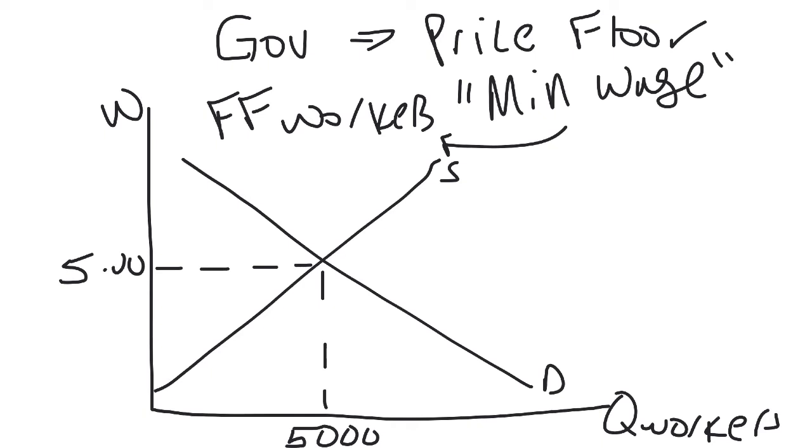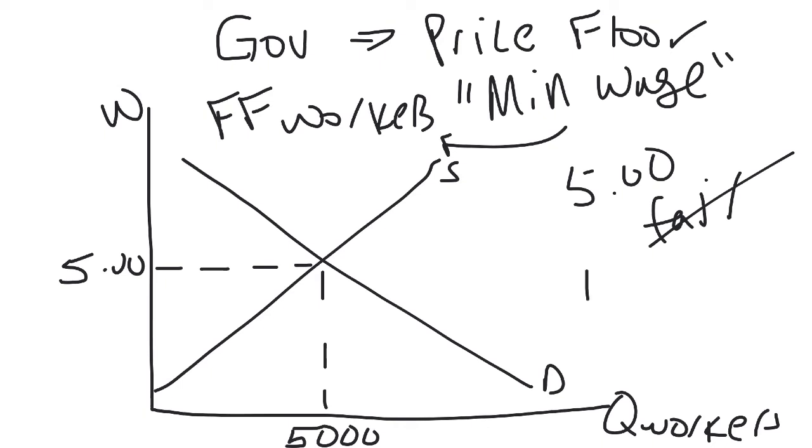But what the government comes in and says is $5 is not fair. Okay? Not fair. So what we're going to do is we're going to mandate a higher wage. So right now it's $7.25, but the arguments right now are it should be $10 or it should be $15.